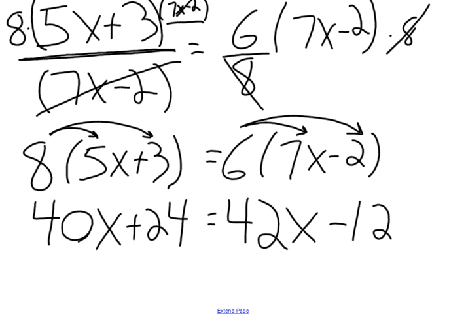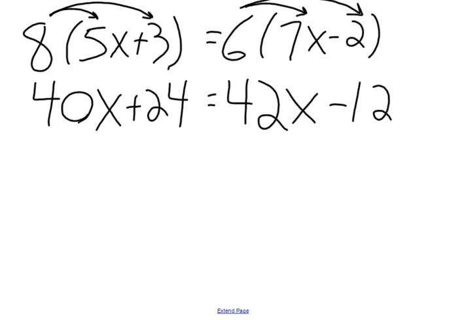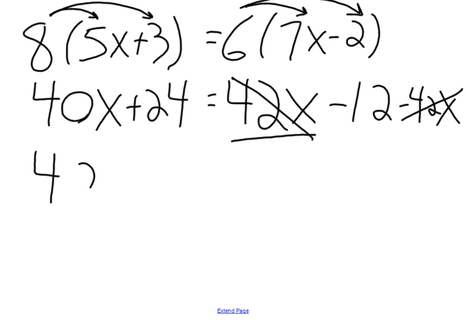Now, we want to collect our x's all on one side and our constants on the other. I'm going to subtract 42x from both sides in order that it cancels out on this side. Kind of like a shuffle. I have minus 42x here.